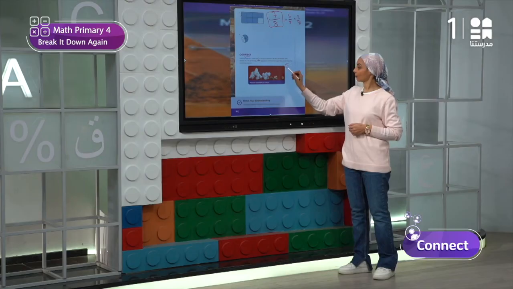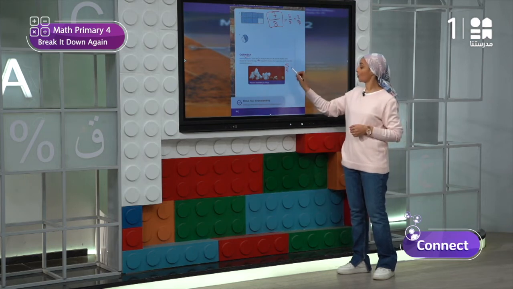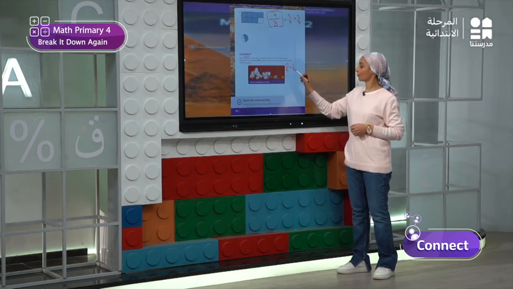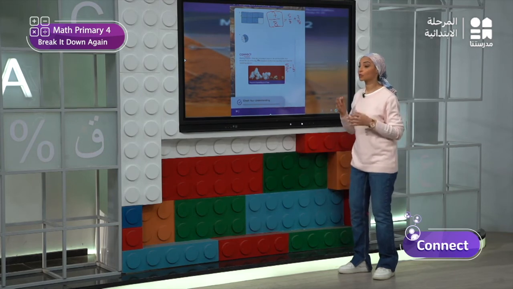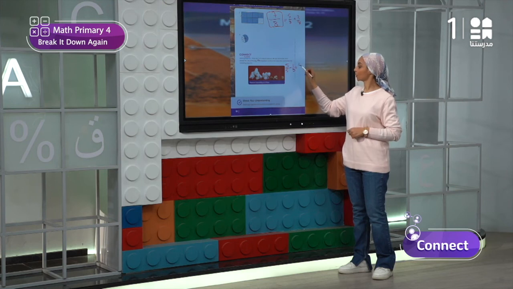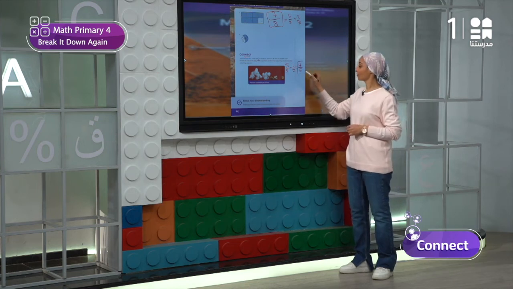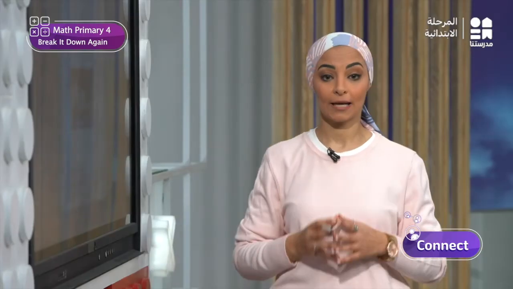So I will do 5 over 5, the whole, minus what Omar ate, 1 over 5. 5 over 5 minus 1 over 5 equals what? I will subtract only the numerators and keep the denominator as it is. So 5 minus 1 gives me 4 over 5. So 4 over 5 is the remaining popcorn that I have.